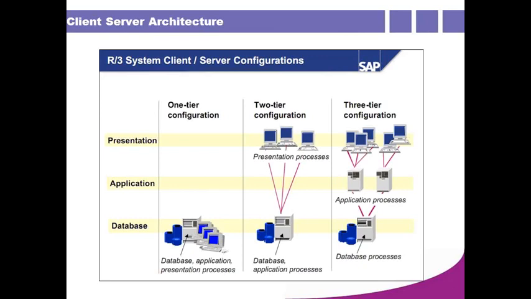That means your system is going down, so obviously your SAP will go down and your presentation layer also goes down. Because of one problem, the other two layers suffer. That is the reason that in real business scenarios we never use one tier configuration. So it is not recommended for business.